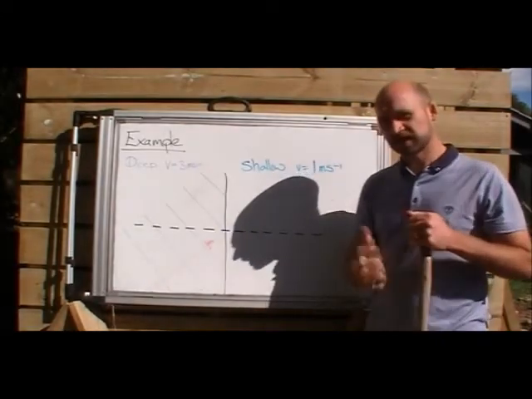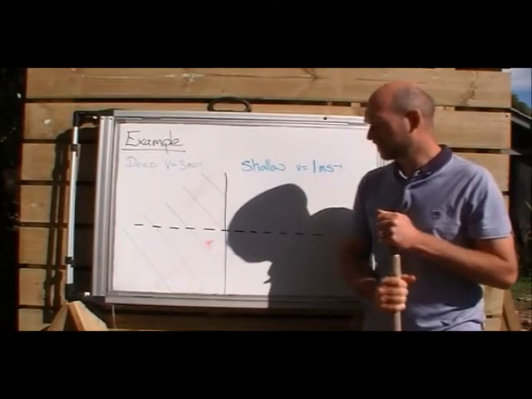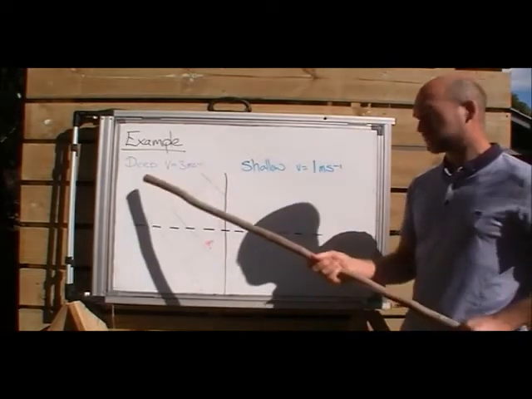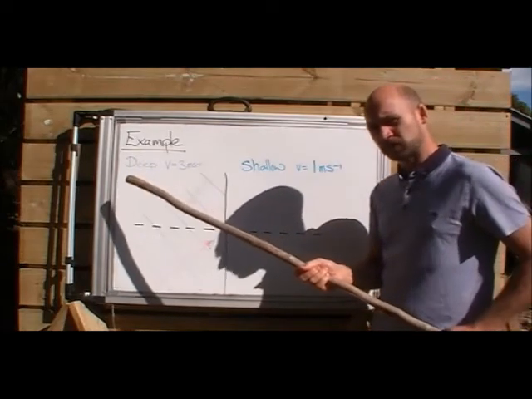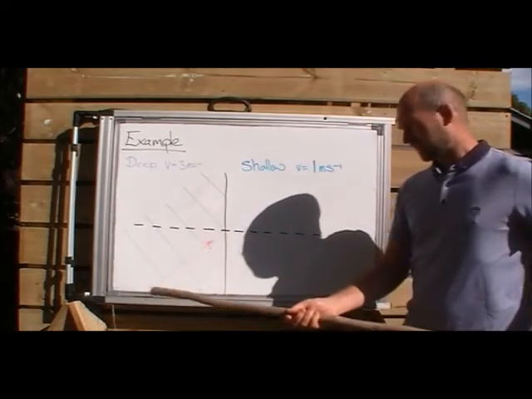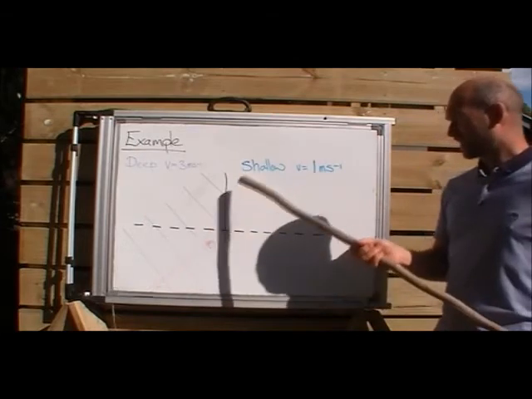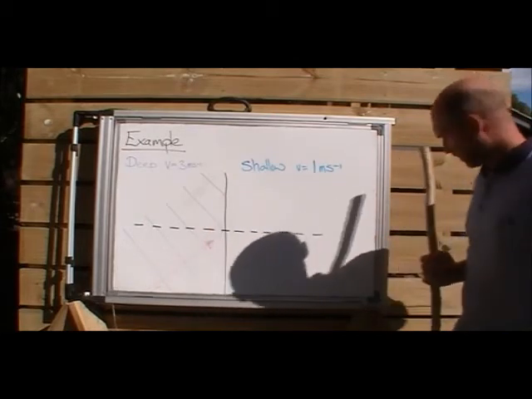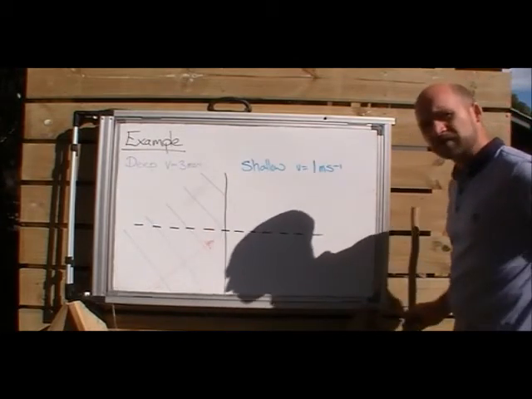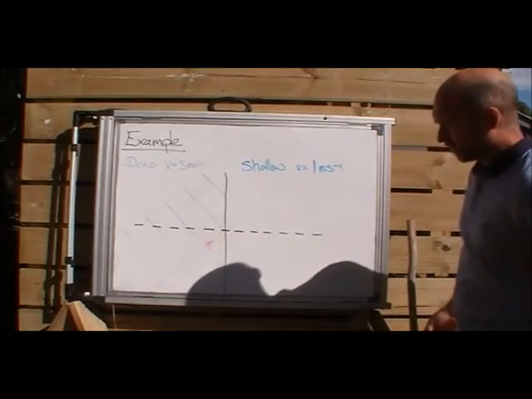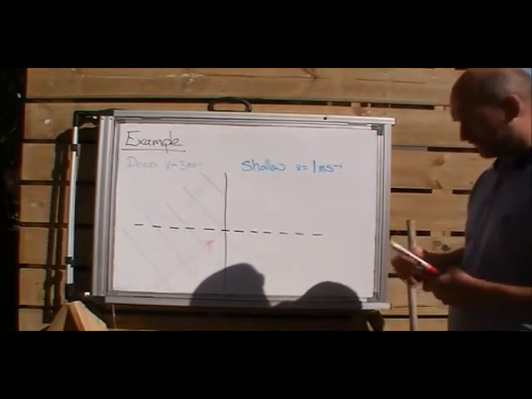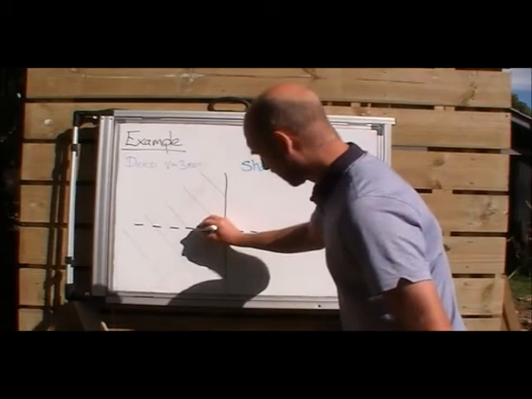Right, so here's an example for you to have a go at. We've got waves in the deep water, 3 meters per second, coming in at this angle here, going into the shallow water, moving at 1 meter per second. I'm going to put an angle on there of 30 degrees.